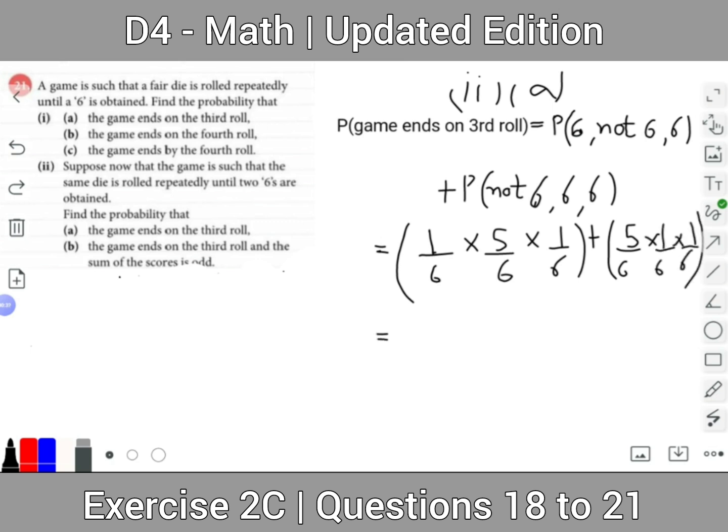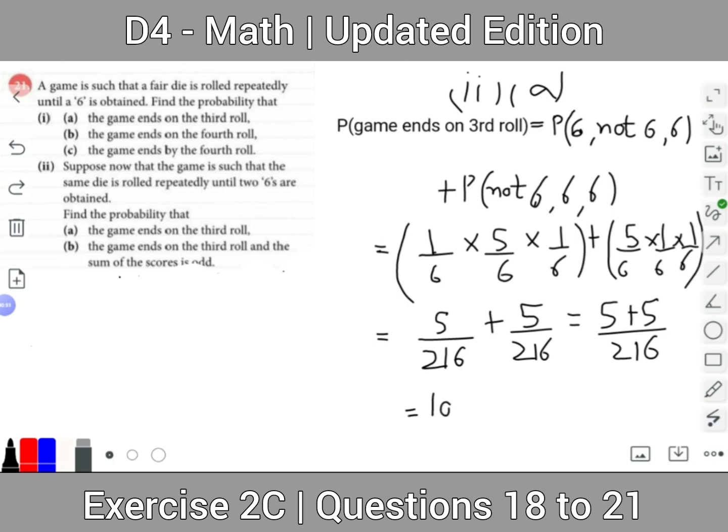Now we have 5 over 216 plus 5 over 216, and after adding up we will get 10 over 216. Now after simplification, 2 5s are 10, 2 1s are 2 and 2 8s are 16. So now the probability that the game ends on the third roll is equal to 5 over 108.